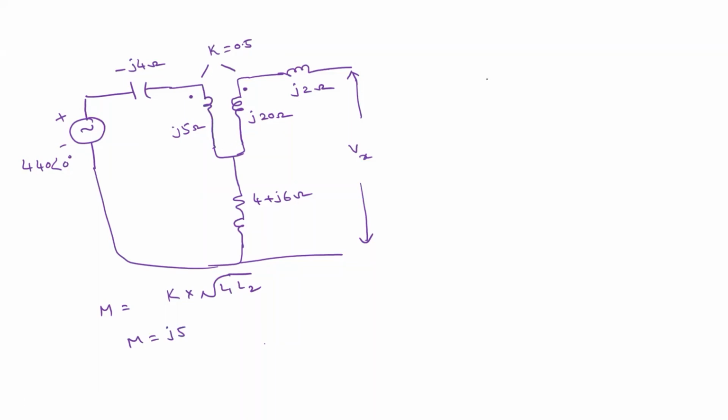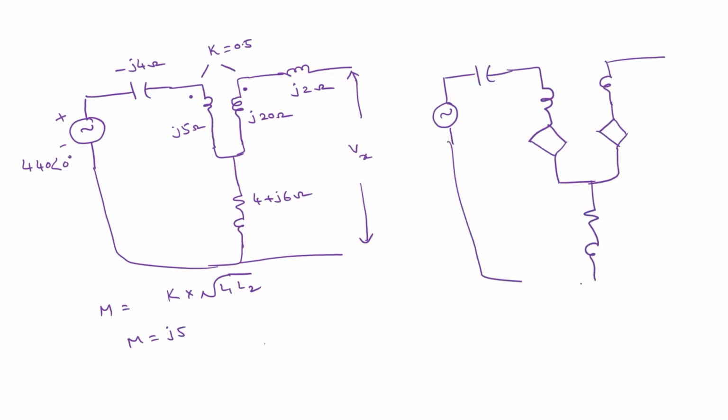So we can replace this circuit with something like this, a dependent source. Both will have the same polarities.